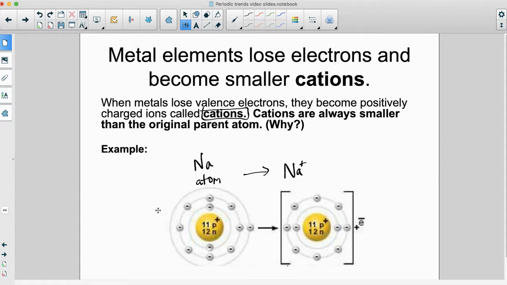So here we have 11 electrons. Here we have 10 electrons. So the size of the Na+ ion is always going to be smaller. So positively charged ions are smaller than the original parent atom.